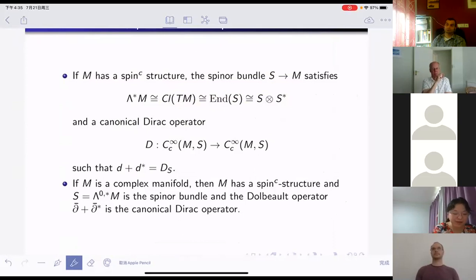But if the manifold is complex, then it automatically has a spin C structure, and one can choose the spinor bundle to be the sections generated by the anti-holomorphic forms, and in this case, the Dolbeault operator can be identified with the canonical Dirac operator. This is a very precise example of a canonical Dirac operator.